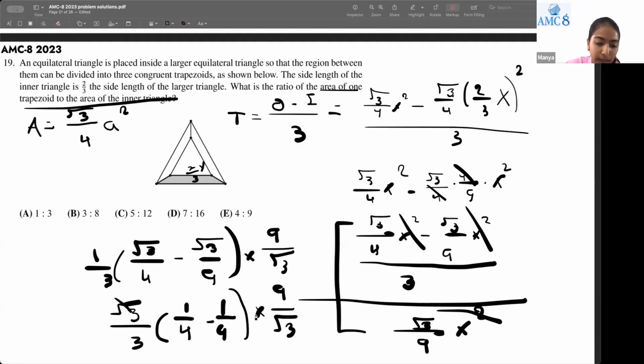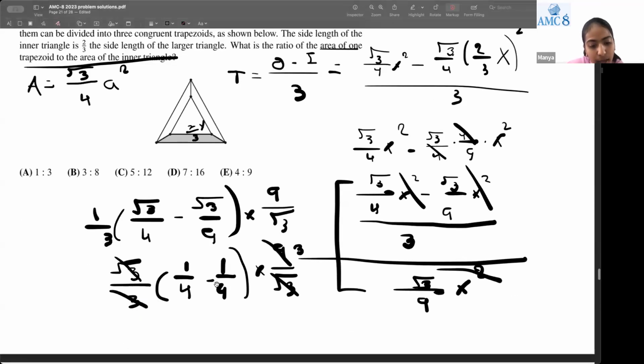The square root of 3, this square root of 3 cancels out. This 3 and this 9 will be canceling out into 3 right here. And so now we're going to be left with 1 by 4 minus 1 by 9 times 3, which is equal to 9 minus 4 by 4 times 9, because here we got that times 3.